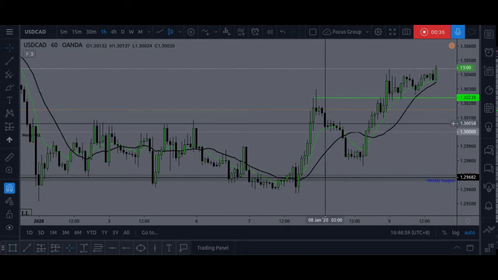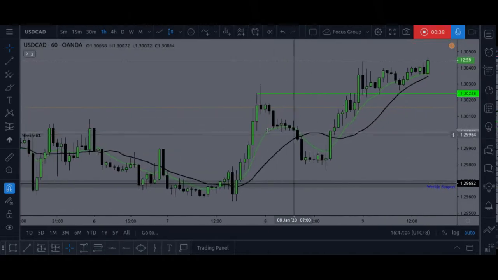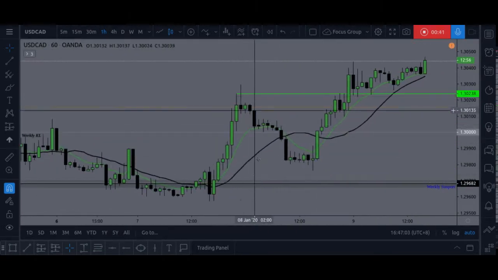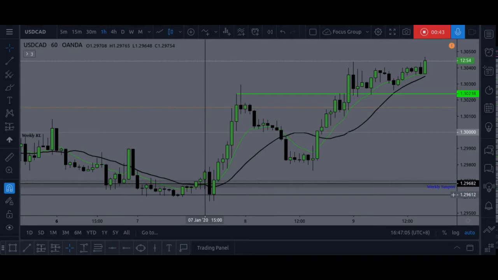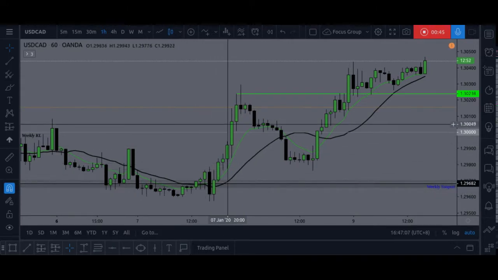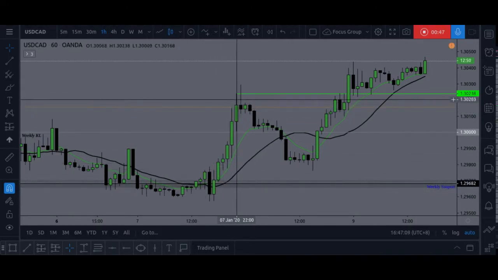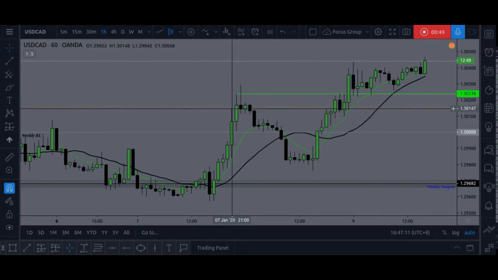For example, here in this section of price, as you can see, there was an impulsive move to the upside until we arrived at a bullish candle followed by a bearish candle.